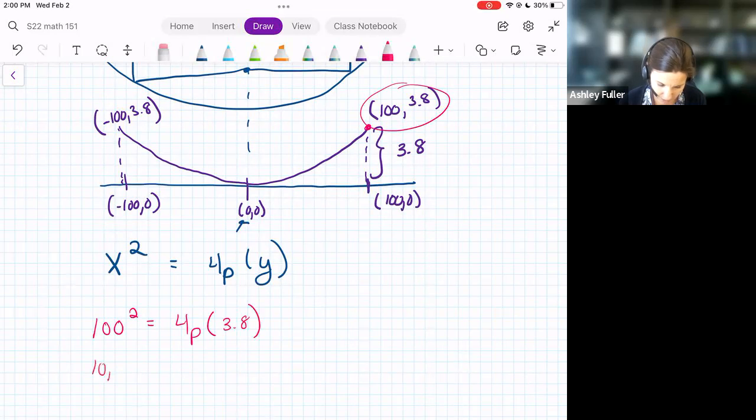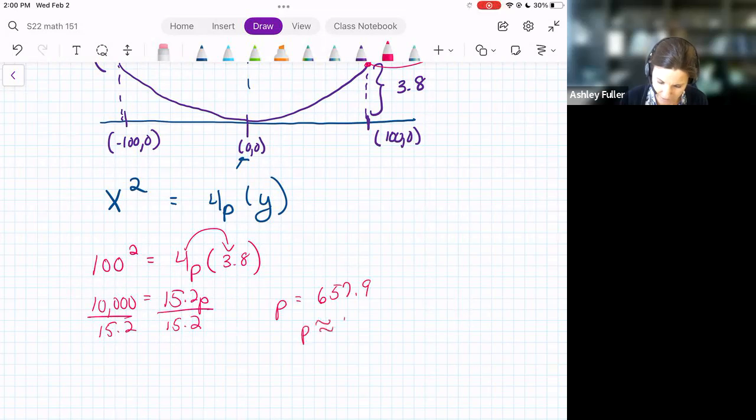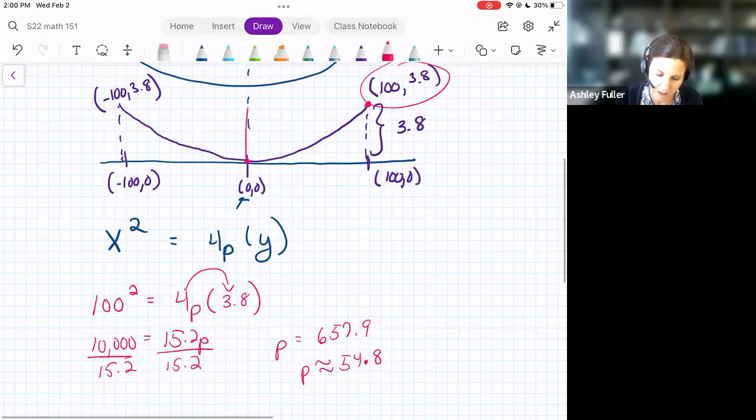We square 100 and we get 10,000 is equal to 4 times 3.8, which gives us 15.2 p, and then dividing both sides by 15.2, we get that p is equal to 657.9 inches, or p is about 54.8 feet. And then from this, we can determine where that focus is in terms of the setup for the parabolic mirror. That distance p has to be equal distance from both the focus and the directrix.